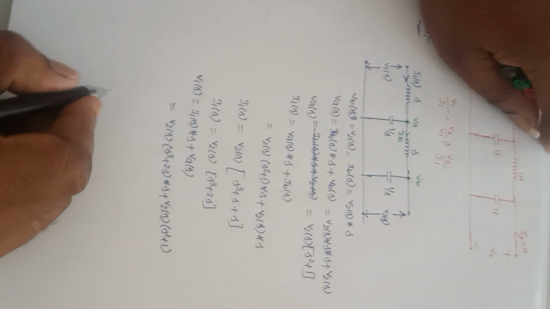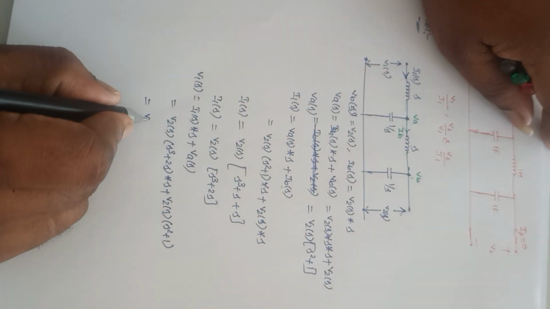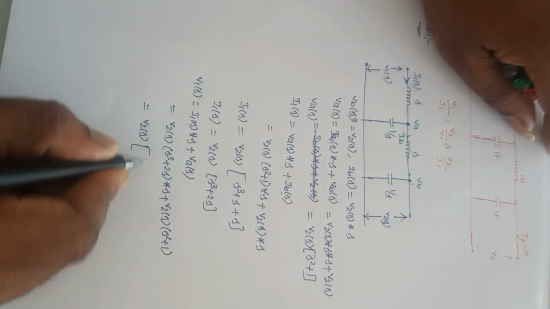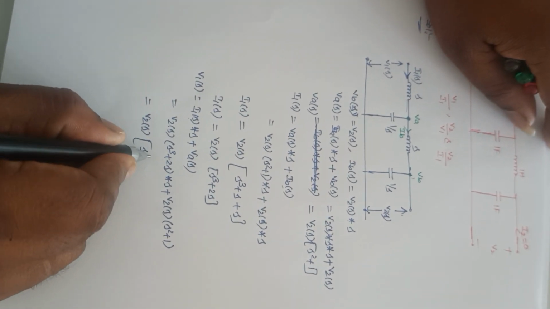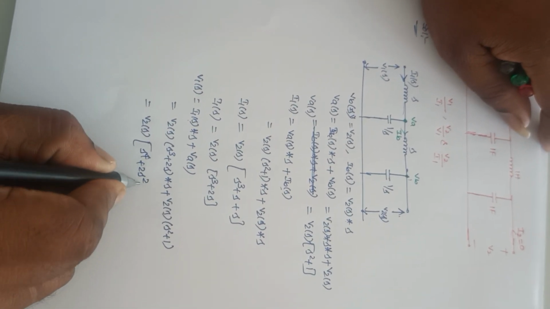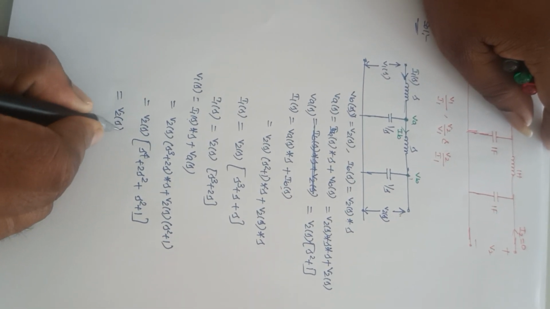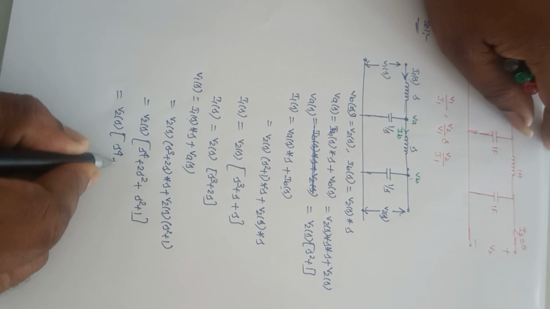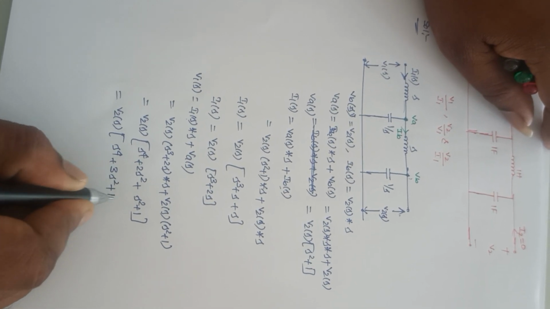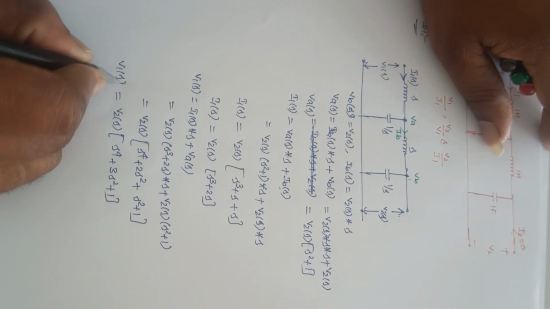Taking V2 of S as common, it is S power 4 plus 2S square plus S square plus 1. So it is V2 of S into S power 4 plus 3S square plus 1. So this is V1 of S.